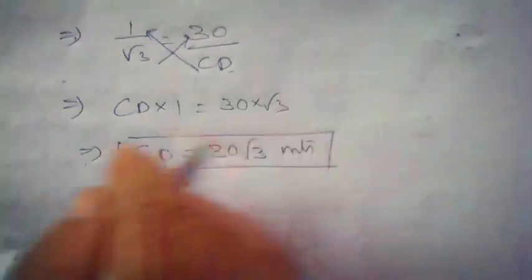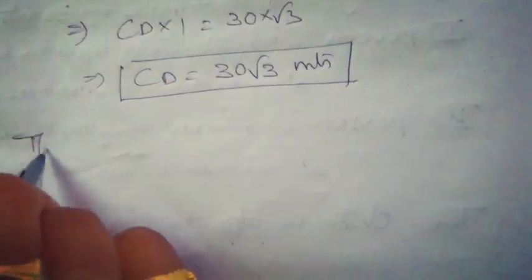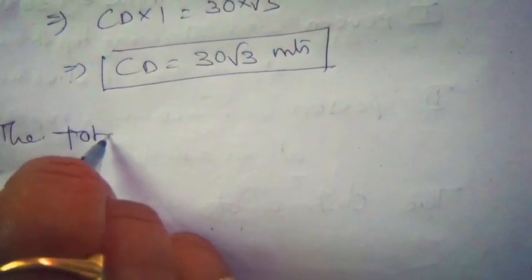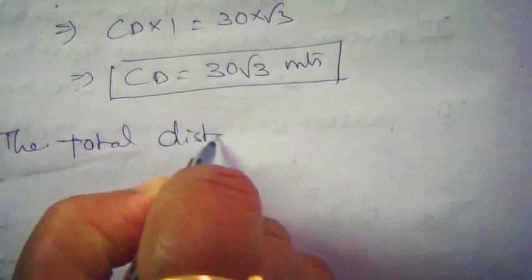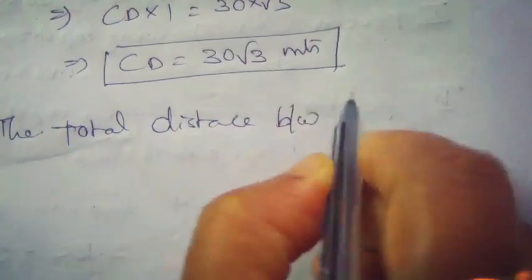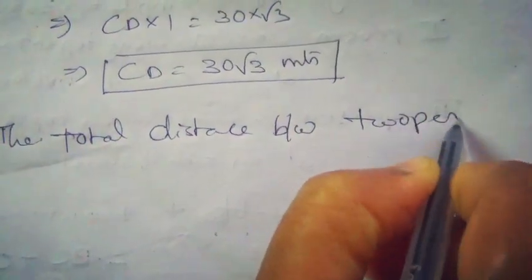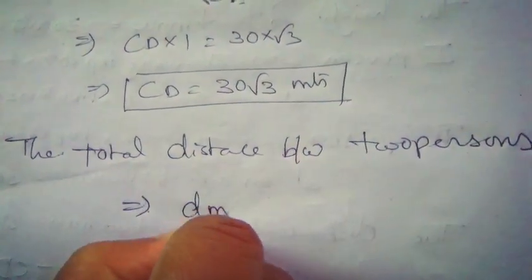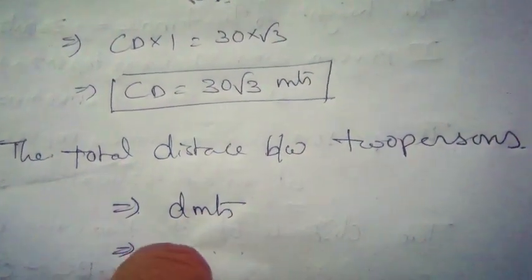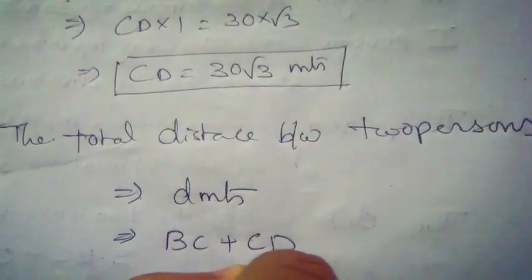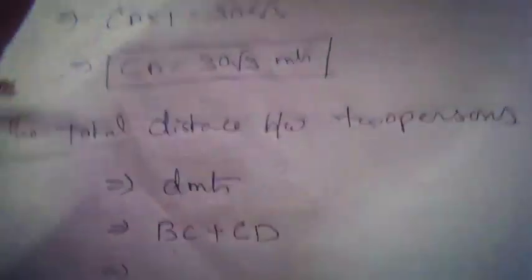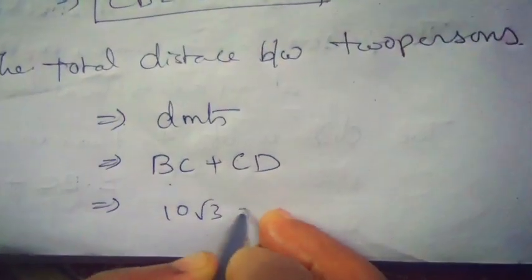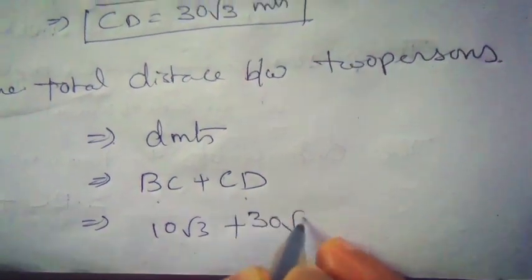So CD we have now. Now the total distance between two persons is equal to d meters. That is nothing but BC plus CD. That is equal to BC, 10 root 3, plus CD, 30 root 3.